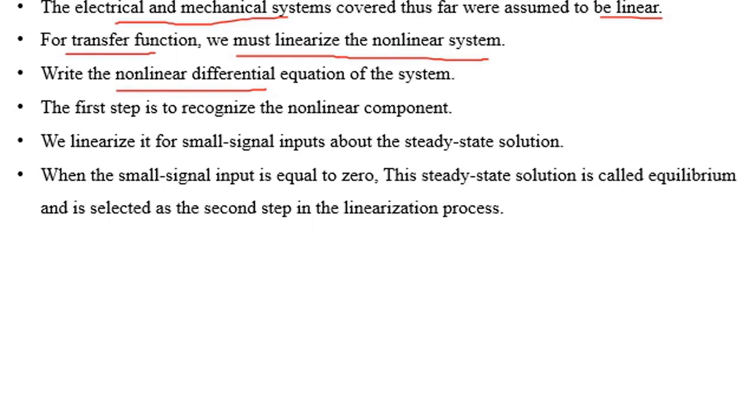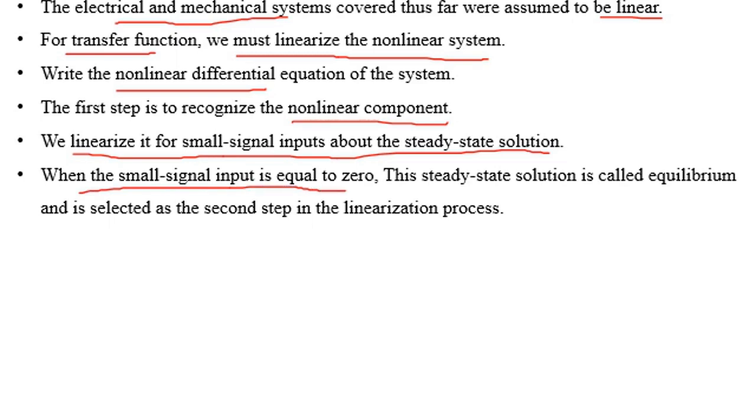After writing the nonlinear differential equation for the system, we will find the nonlinear component present in the equation. Then we will linearize it for small signal input about a steady state solution. In this, we actually limit the operation of a nonlinear system to a specific range. And about this specific range, the system behaves linearly.